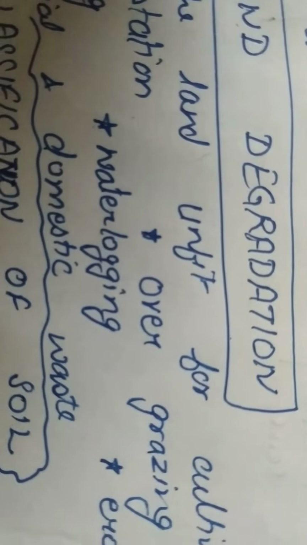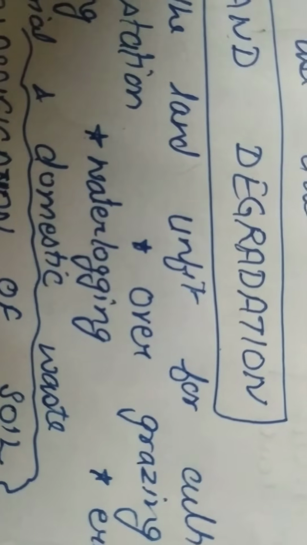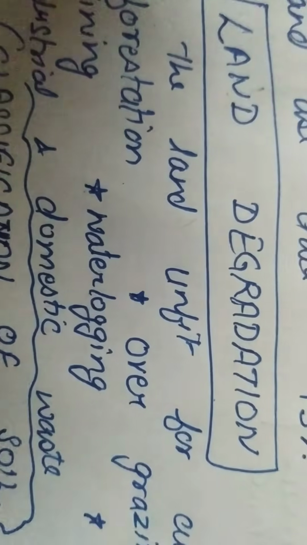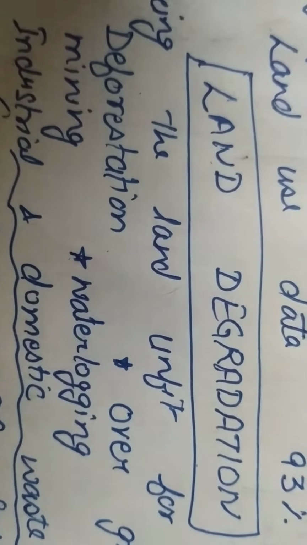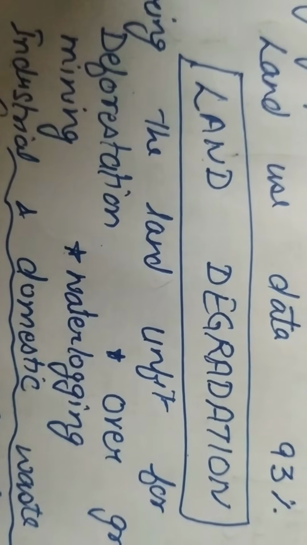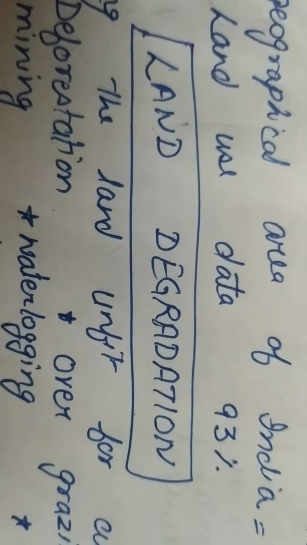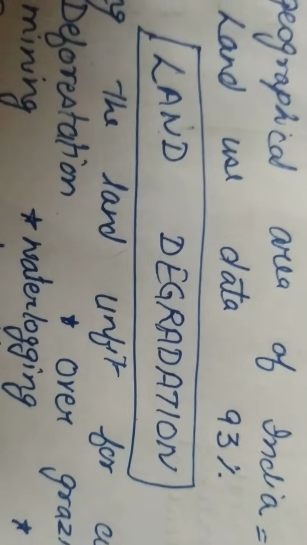Third, mining. Then water logging, that means much water is in that place, then erosion can be another factor. Then industrial and domestic waste, if we are throwing it without treating, then the soil becomes so bad that it is not fit for cultivation.